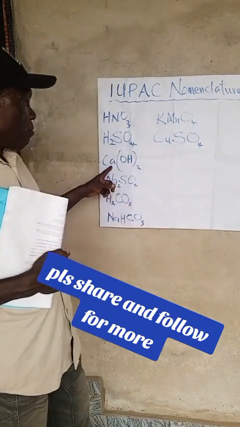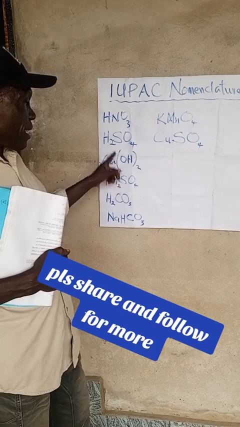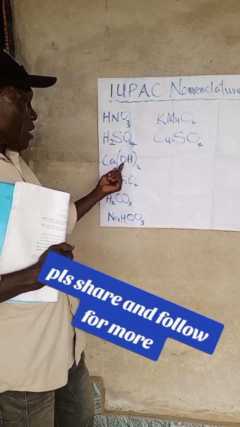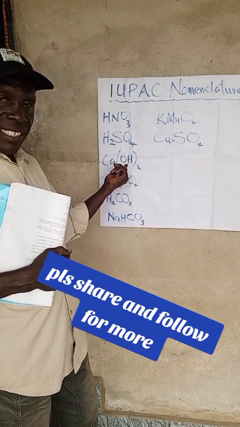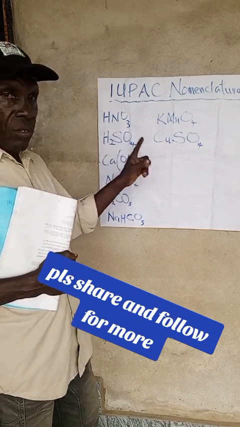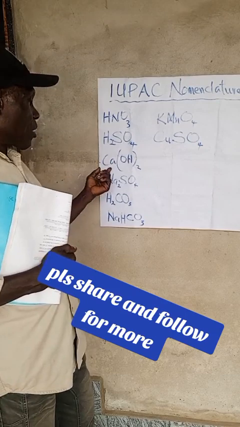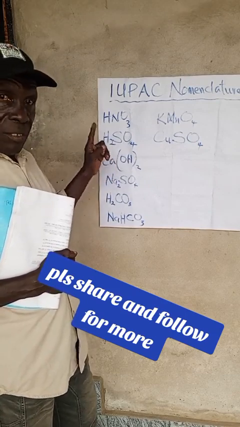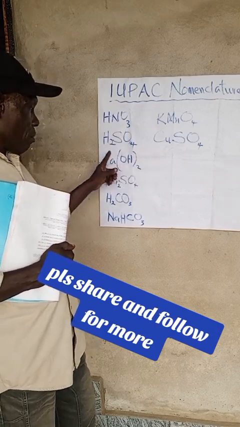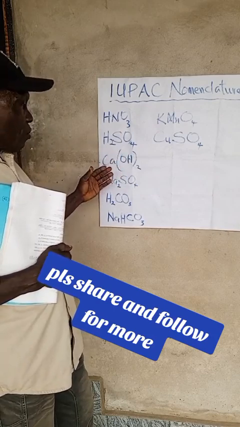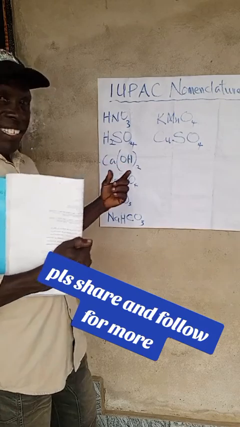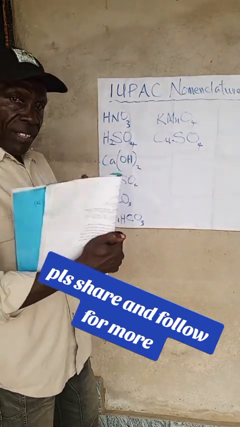Now look at this one. Ca(OH)2. The OH that is bracketed is a hydroxyl radical, and it carries a power of minus 1. And calcium, the original number is plus 2. So now when calcium and hydroxyl come together, there is an exchange of the original numbers.